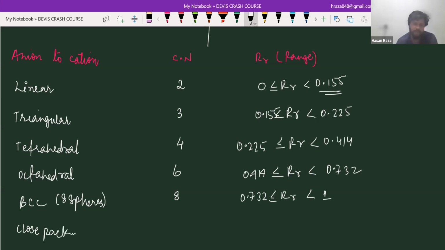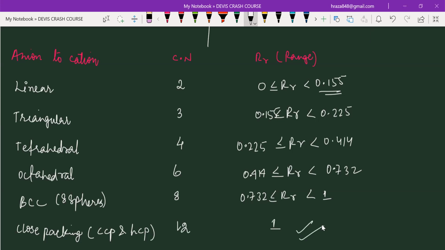That is basically CCP, cubic close packing, and HCP, hexagonal close packing. CP for close packing, H for hexagonal, C for cubic, and its coordination number is 12, and its radius ratio is always exactly 1.